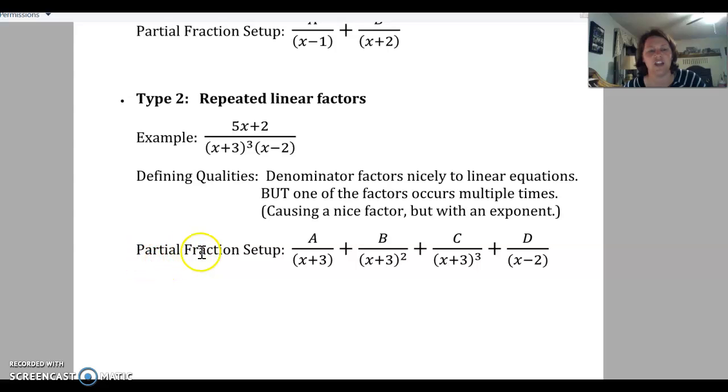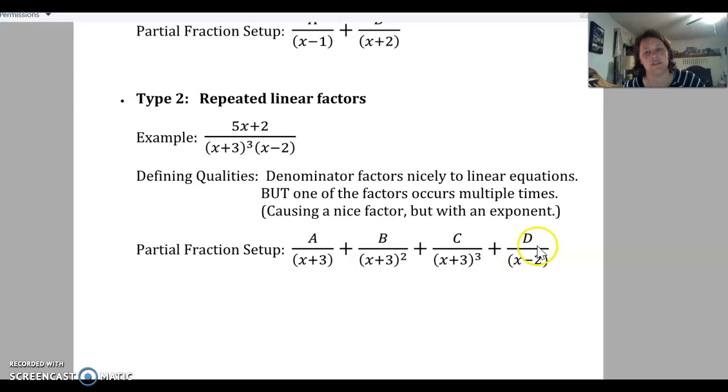So the partial fraction setup in this case would be a over x plus 3, plus b over x plus 3 squared, plus c over x plus 3 cubed. So you see that linear factor, we have to take each one of the options that we might have. So just notice the degree on the x plus 3. We have to have each one of those degrees leading up to the highest degree.